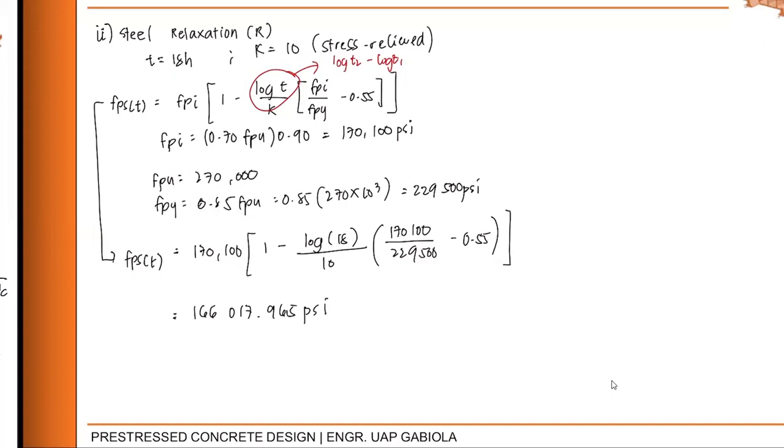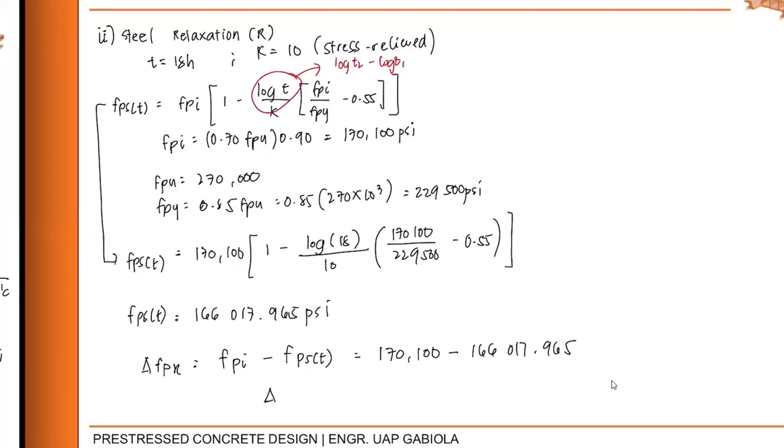This is our FPST. And to get the change in FPR, we just take our FPI minus our FPST. Okay? So FPI again is 170,100 minus 166,017.965.